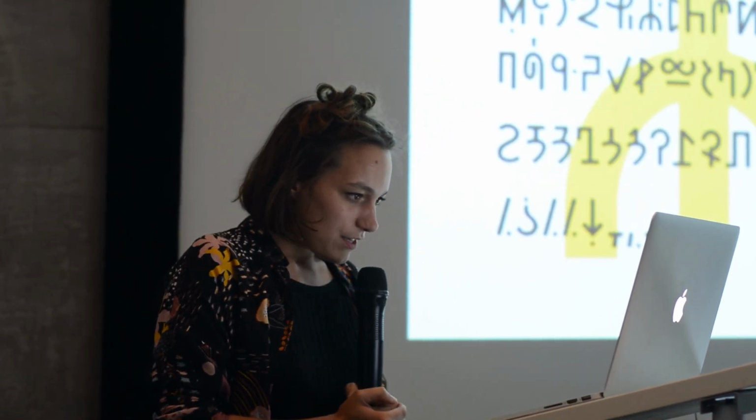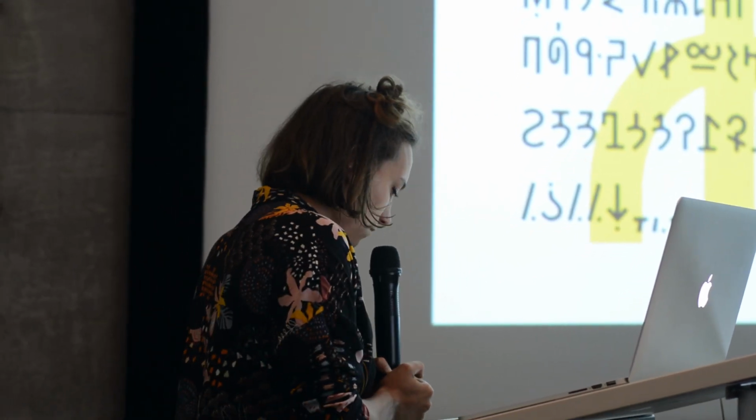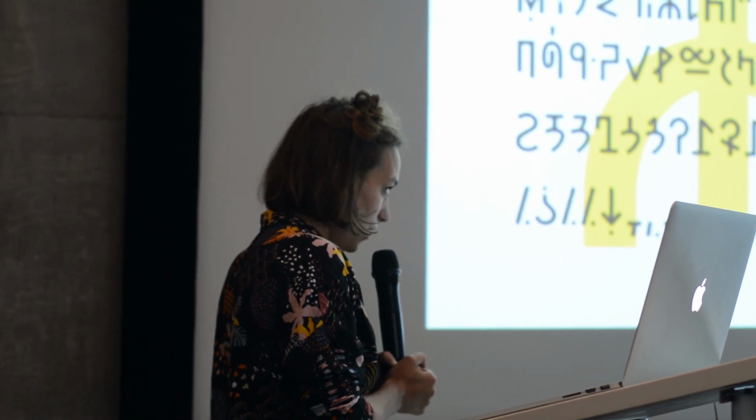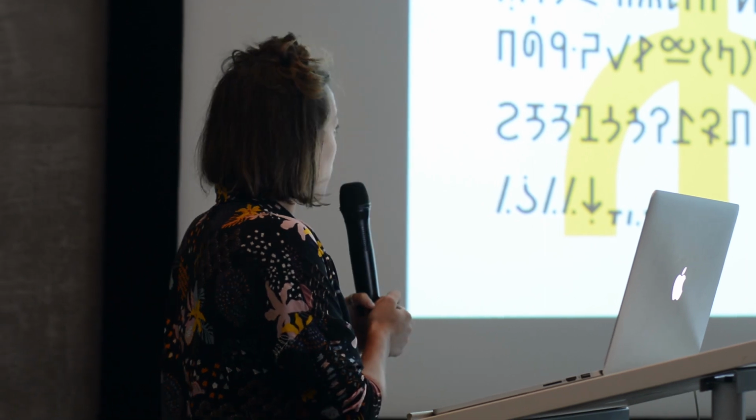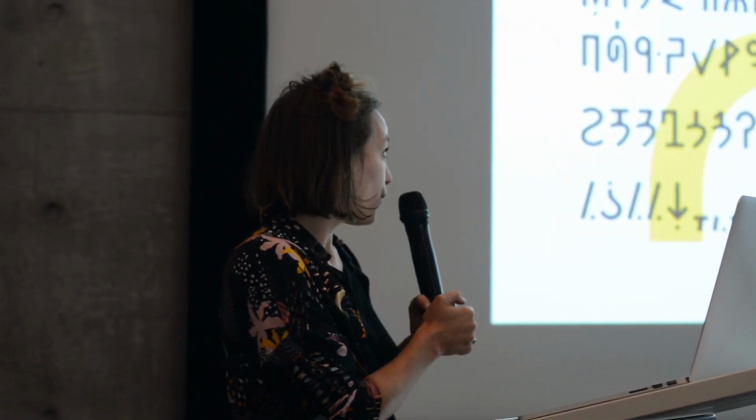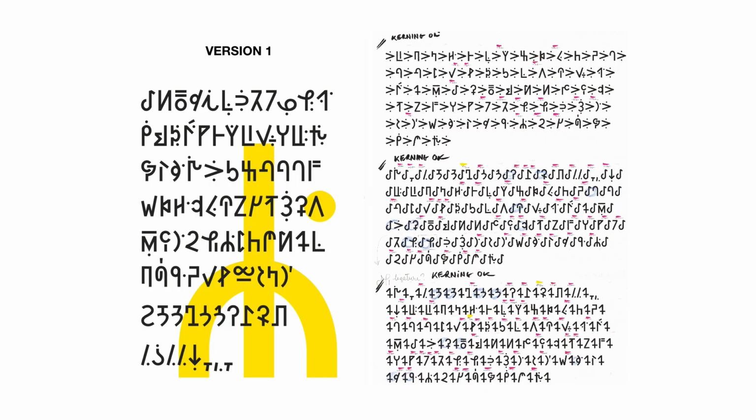So here is the first digitalization I did before going to Cameroon the first time. It's a geometrical sans serif font. Obviously, this was a way to discover a bit the shape, the spacing, and to apprehend the alphabet.